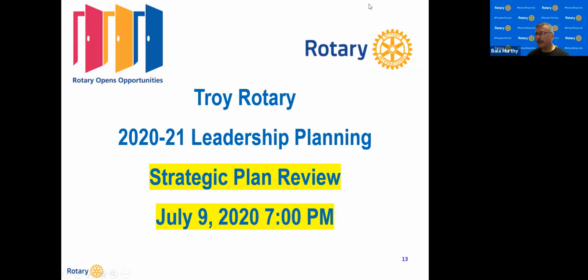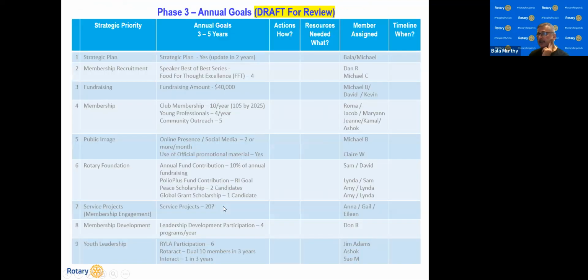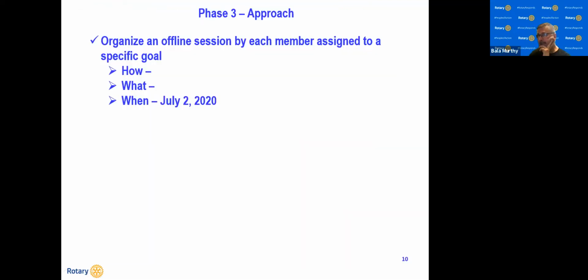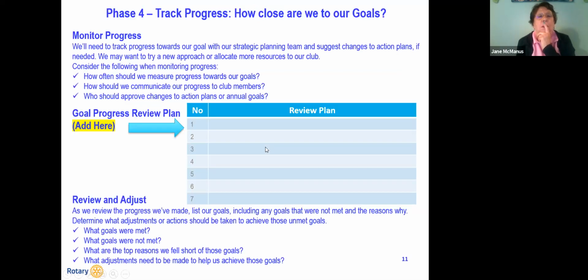All right. Jane, I'm going to turn it over to you if you have anything else to add to this phase, the next few slides, or unless somebody else has something to add. I was just going to make a comment about phase 4. Your goals, strategic plan.